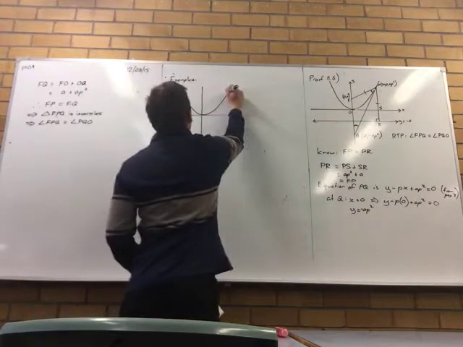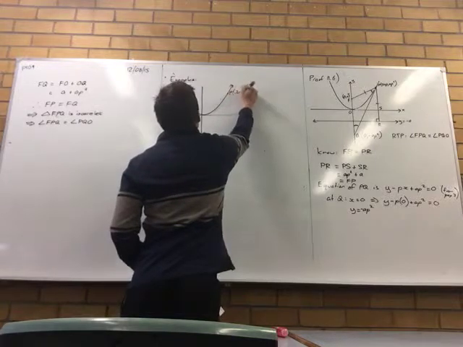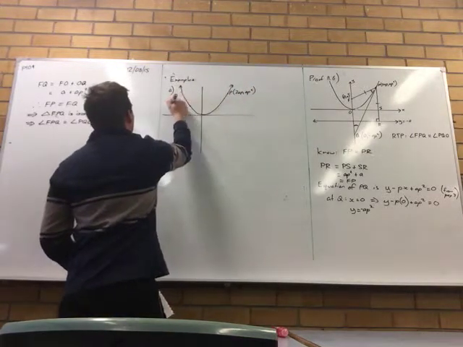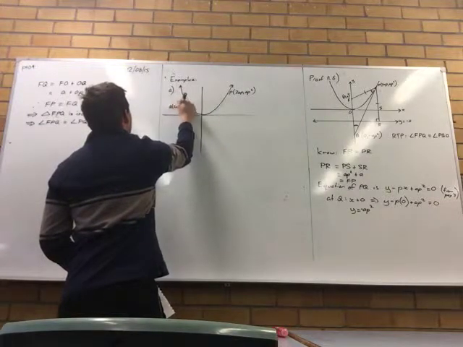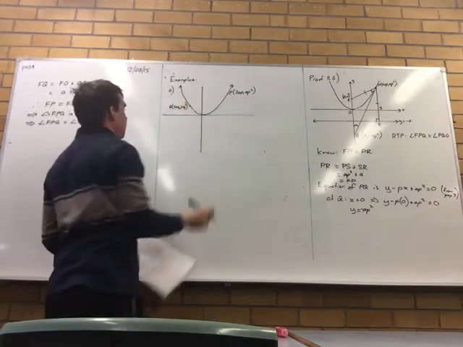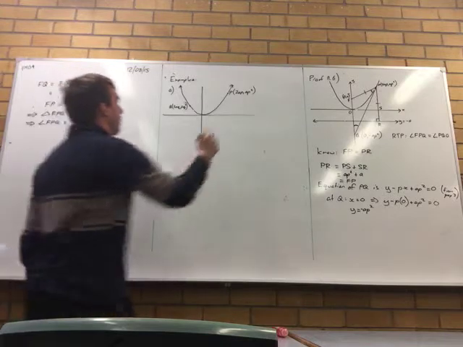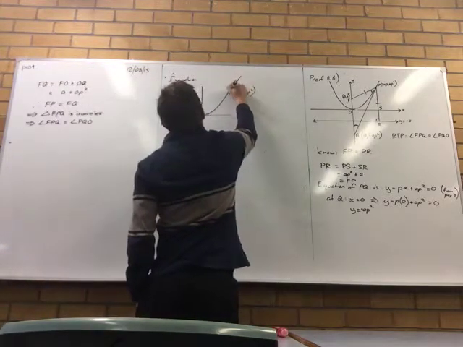Right, so we've got point P, 2AP, AP squared, and point Q, 2AQ, AQ squared, on the parabola x squared equals 4ay. Let's draw two tangents.